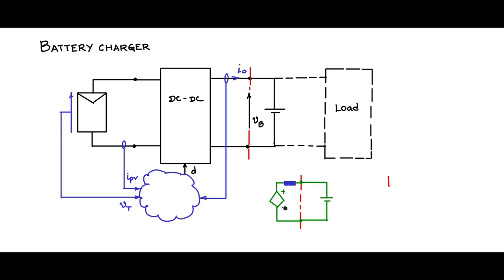This is one possibility. But you don't want to control the voltage because the battery voltage is fixed. You can directly control the current. In fact, a controlled voltage source with a series impedance, and if the impedance is inductive, non-dissipative, will form a controlled current source itself. So what can also be done is, across this boundary where you have the battery, you have a controlled source, and you make it a controlled current source.